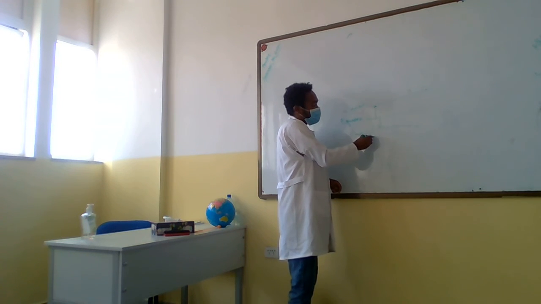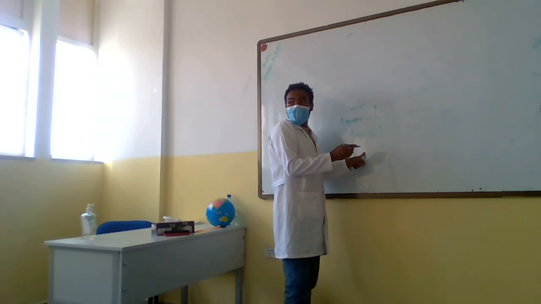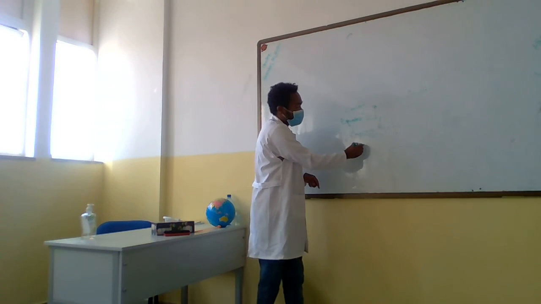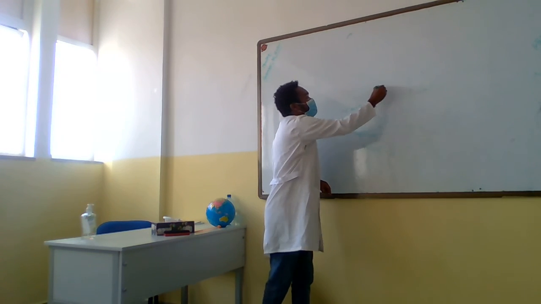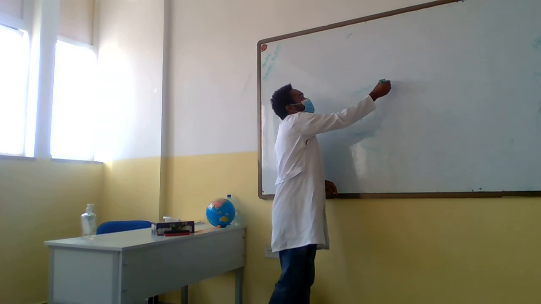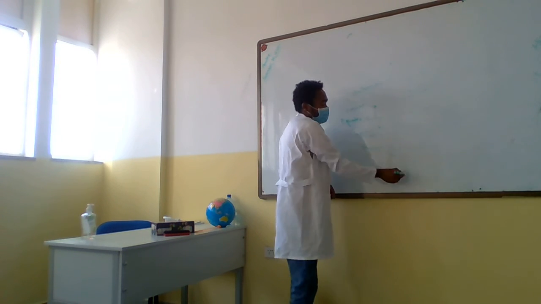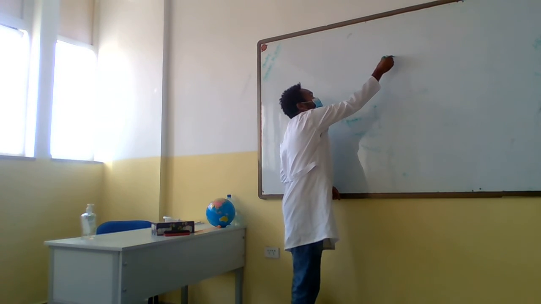Capricorn. And this one, what do you call this one? Arctic Circle. This one, Antarctic Circle. And this one is the southern and northern pole.